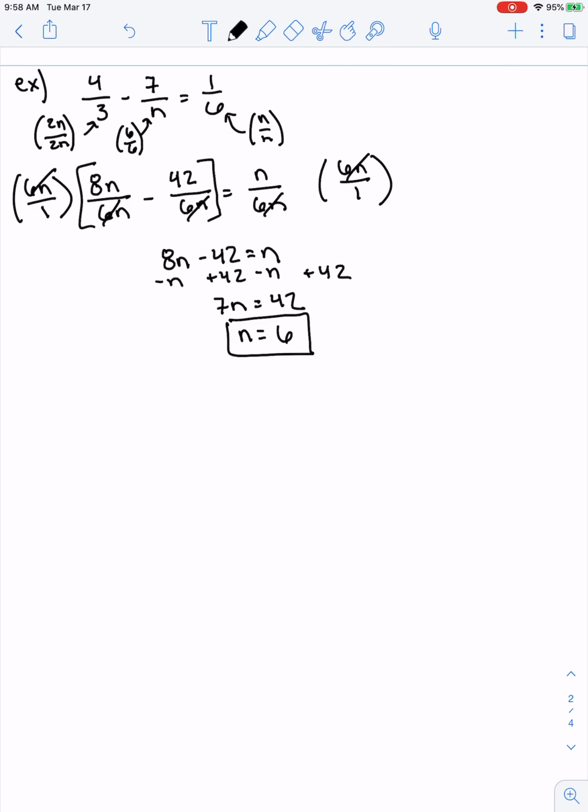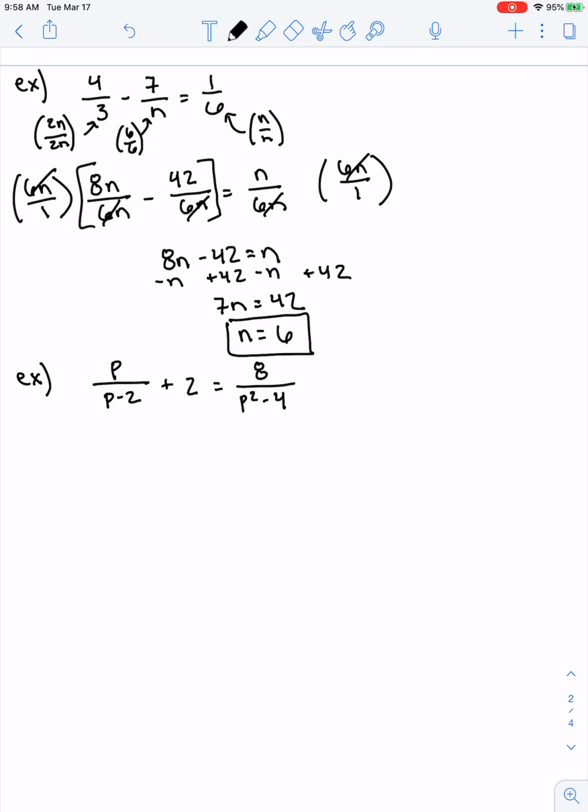So let's do a slightly more complicated example of that. If I have p over (p minus 2) plus 2 is equal to 8 over (p squared minus 4).